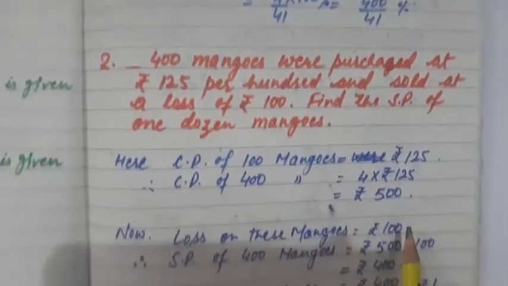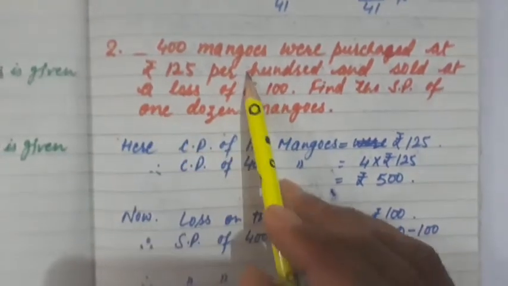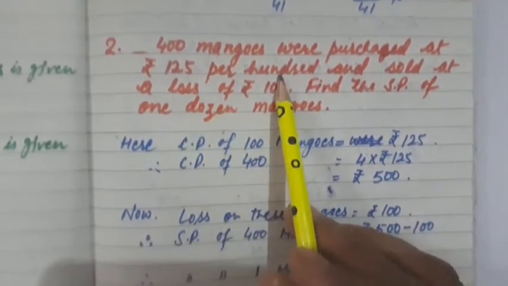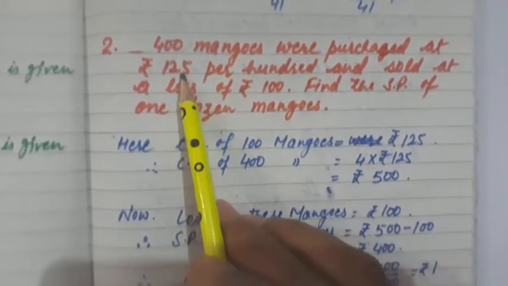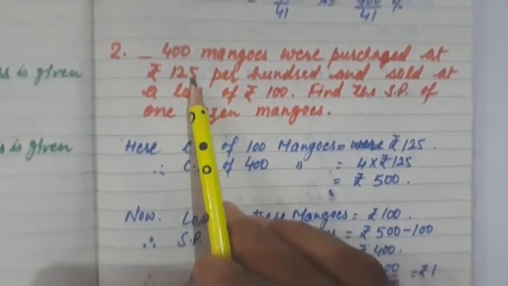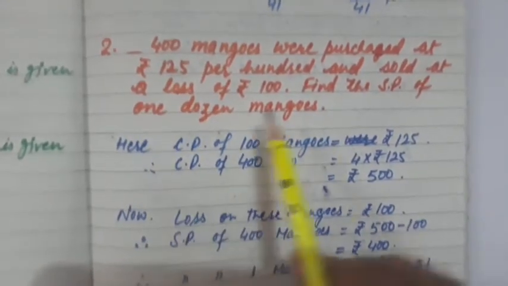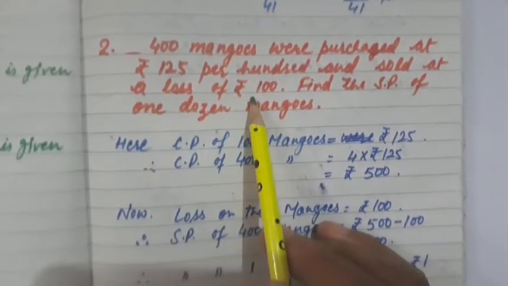The next question, question number 2. 400 mangoes were purchased at rupees 125 per 100, which means the cost of 100 mangoes is equal to rupees 125. We have to find the cost of 400 mangoes, sold at a loss of rupees 100.